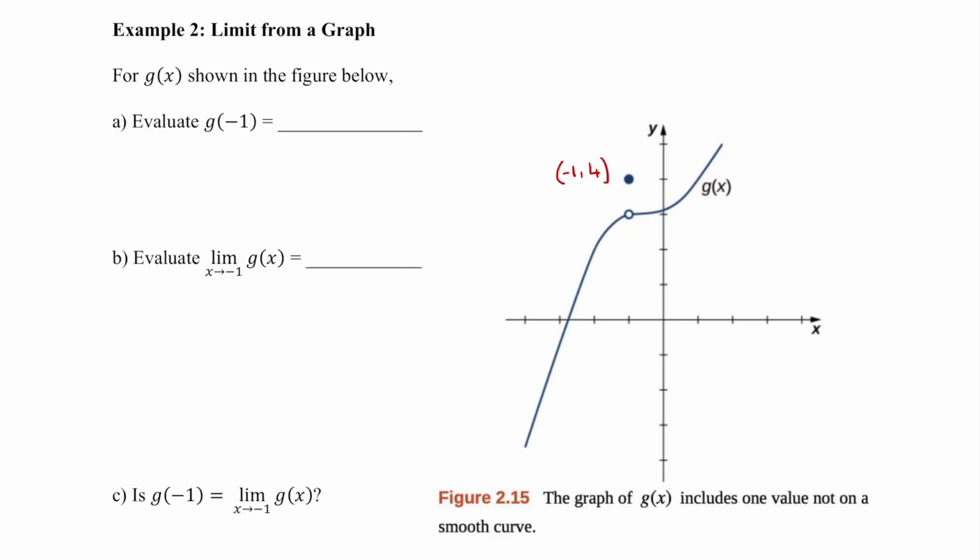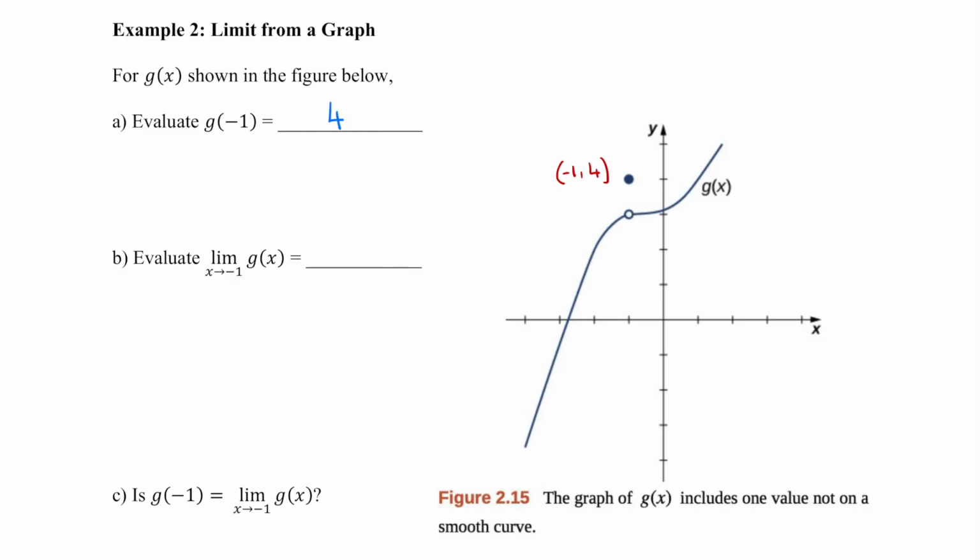So when x equals negative 1, y is 4. That means when x is negative 1, the function value is 4. In short, when you see the filled dot, that gives you the function value.